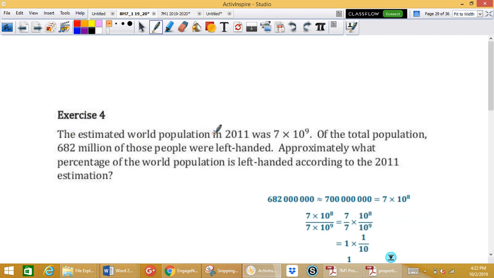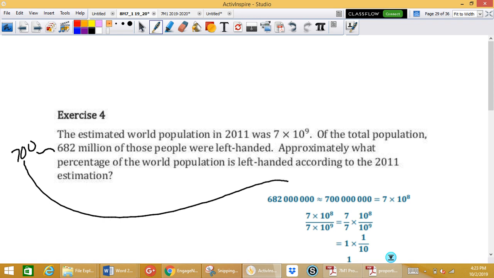The estimated world population in 2011 was 7 times 10 to the 9th. Of the total population, 682 million of those people were left-handed. Approximately what percentage of the world's population is left-handed? So 682 million is close to, can round up to 700 million.